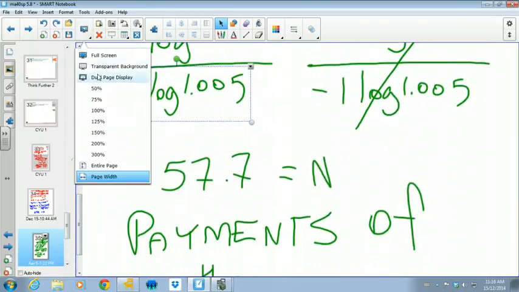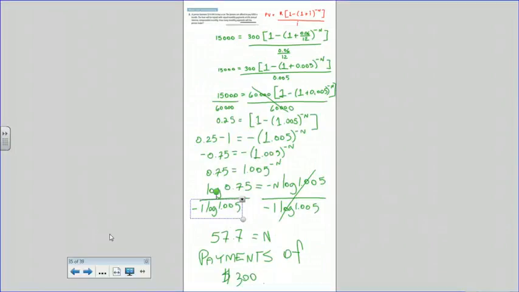So there it is. Now what have we just figured out? To buy the car, Elizabeth needs to make 57.7 payments, 58 payments of $300. On the calculator, 58 times her monthly payment, 300.